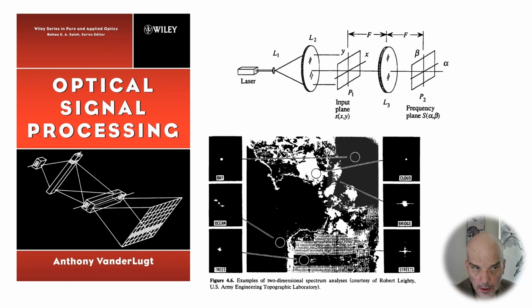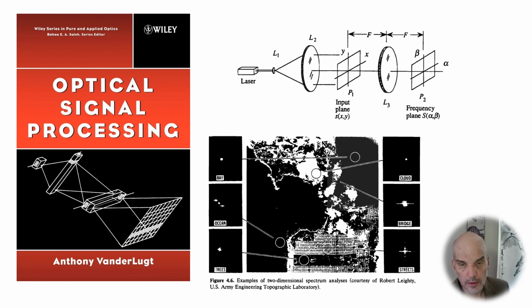So what we see here is a couple of illustrations from Vanderlugt's textbook. The upper illustration of a laser and transforms is a very nice illustration to be happy to have in my book, but the lower one is kind of a low contrast image published in this book from 30 years ago. What the upper one shows is you collimate a laser, you put a signal field on the input plane, and then a lens takes the Fourier transform, and so you could do Fourier transform processing with optics as opposed to doing it digitally.